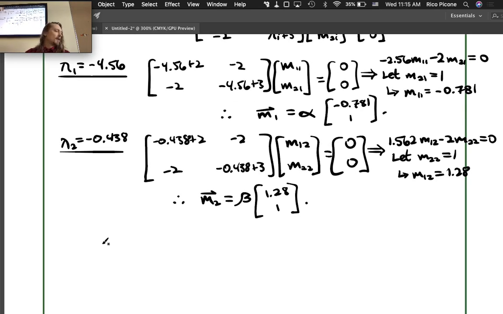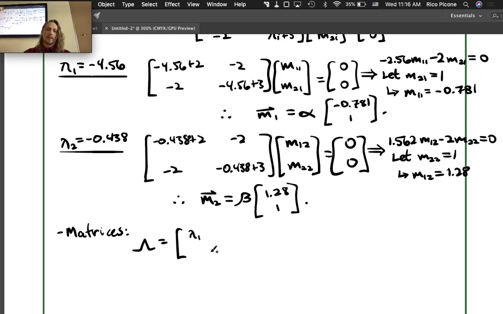Great. So we have our eigenvalues and eigenvectors. So let's form our matrices. We have the eigenvalue matrix, which is just the eigenvalues along the diagonal.